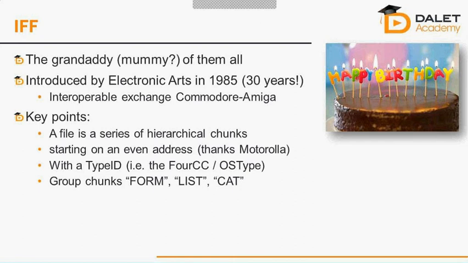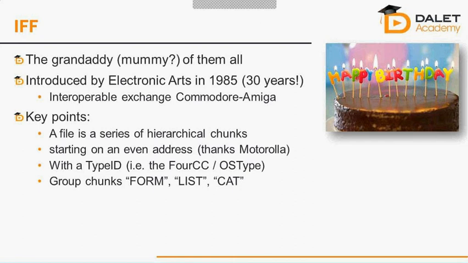In 1985, they wanted a way of distributing programs, not media, but fundamental programs that would work on both Commodore and Amiga. The Commodore and the Amiga had pretty much the same hardware, the same processors, the same sort of memory layouts. And so they had this idea of making a file format inside which you could describe the different resources. Here's a bitmap, here's a bit of data, here's a string lookup table, here's some executable code.